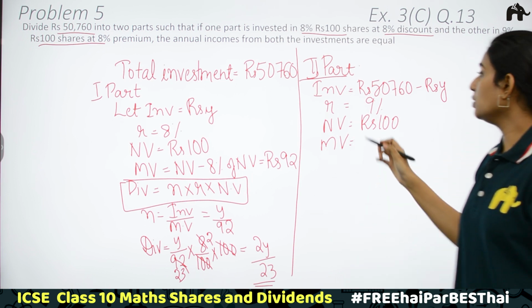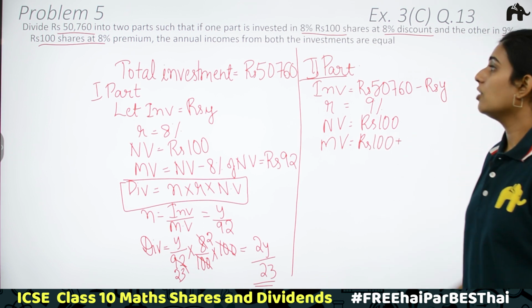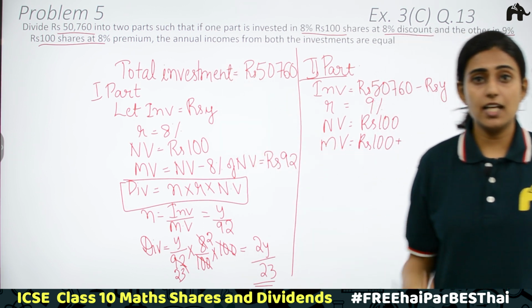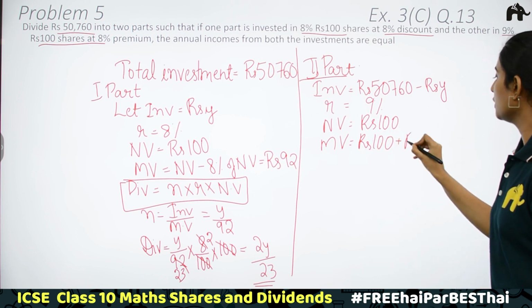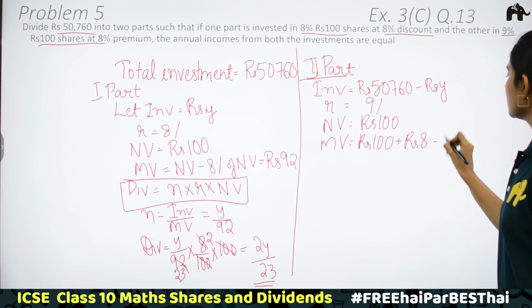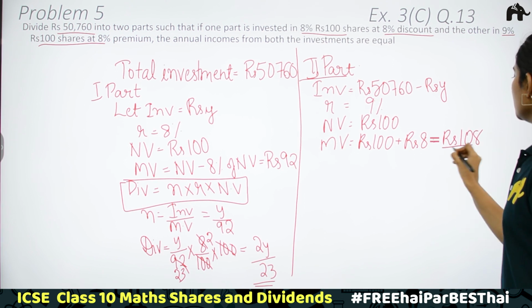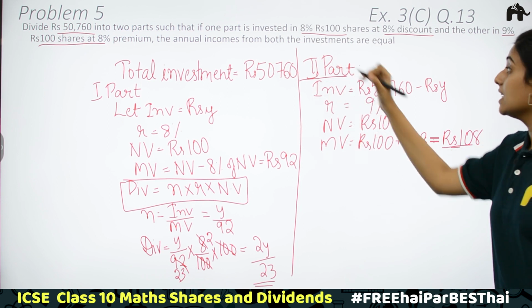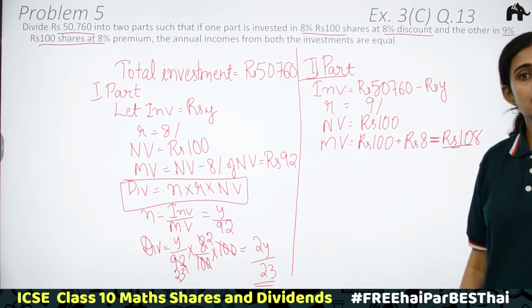Here the nominal value is rupees 100 plus what is the premium? 8% of 100. Rupees 8. That is rupees 108. Which is the market value in the second part. Market value of one share in second part.